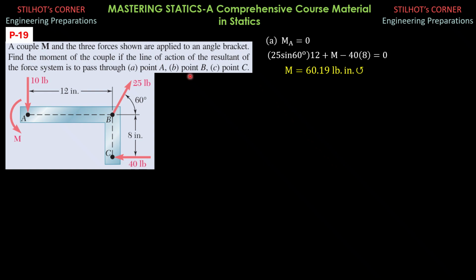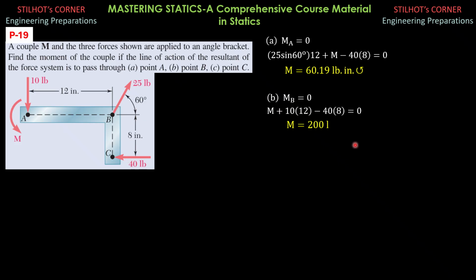Then in part B, the resultant passes through B, so the moment of the resultant about B is 0. So taking moment about B, M plus 10 times 12, then minus 40 times 8 equals 0.